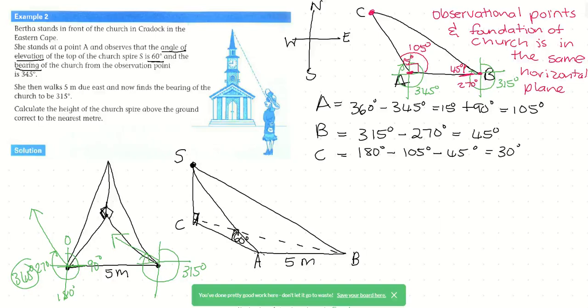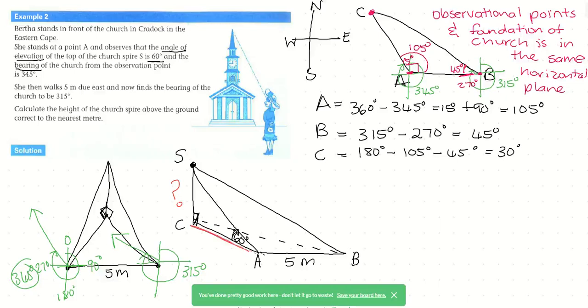Now we can actually start doing the work. Guys, remember, you want to find out what this height is. Let's change the colors here. We want to find out what that height is, which means my triangle BSC doesn't have any information in it, but my triangle CSA has a 60 degree angle in it. And that shares a common side with CAB.